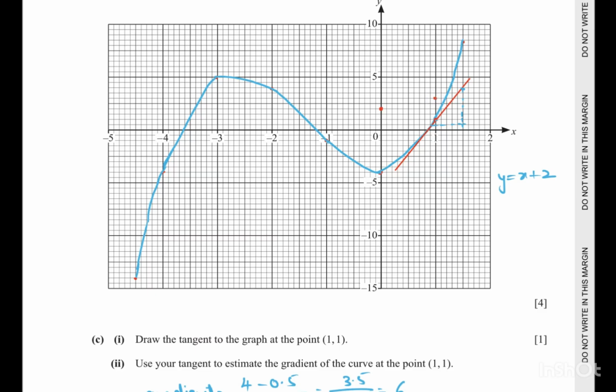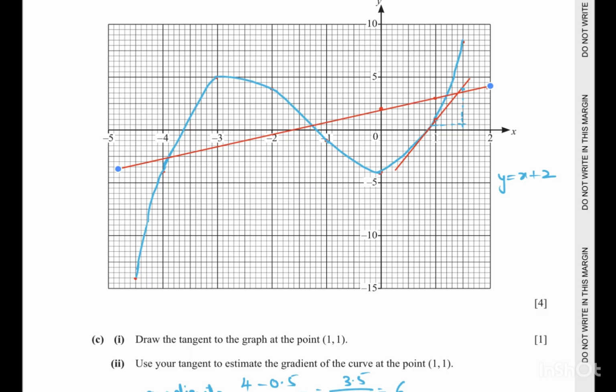Take your rulers, join these dots like this, and extend them where the line cuts this graph at 3 points. So this is the line we draw for the given question.